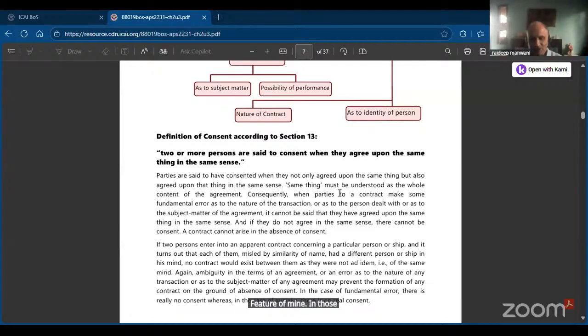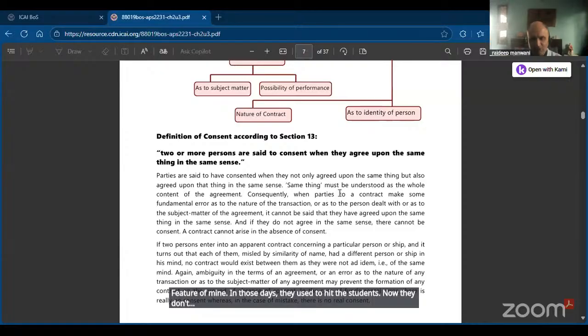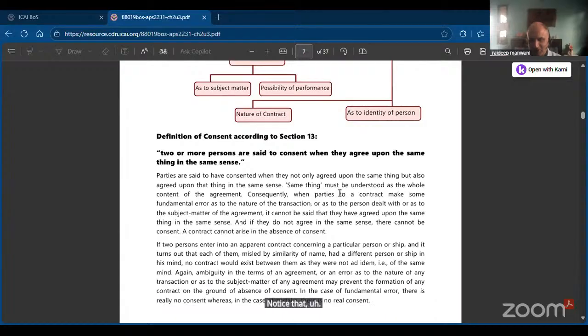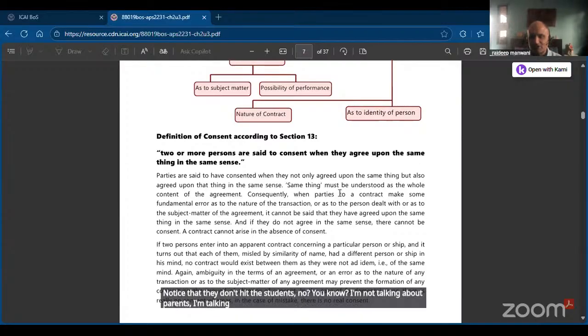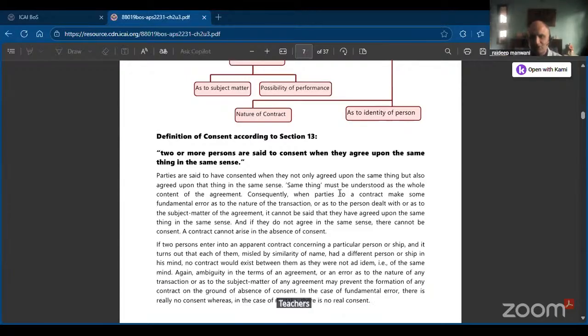In those days, they used to hit the students. Now they don't. He used to take us and he used to screw the ears. That ears used to become full red. Nowadays, they don't hit the students, no? They do hit, sir. I'm not talking about parents. I'm talking about teachers. Teachers only. They do. Those are in college equality, it seems. For me, but mother used to hit me properly when I was small.